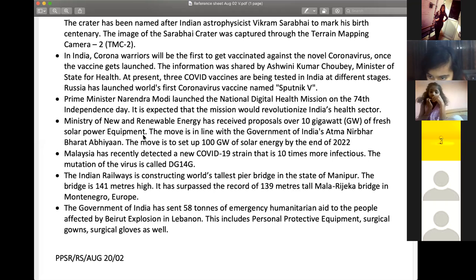Now India is building the tallest bridge. The Indian Railways is building the tallest bridge in the state of Manipur, breaking the record of Montenegro in Europe.